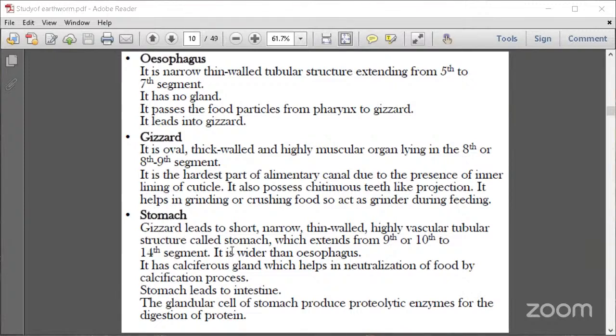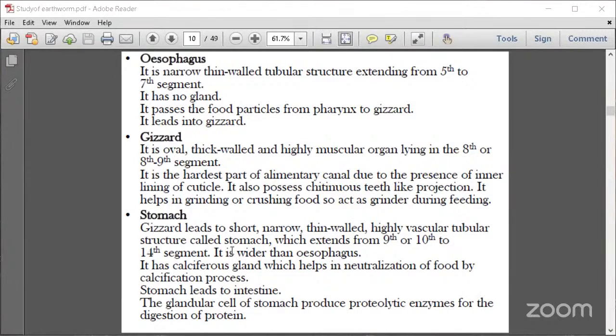Stomach. Gizzard leads to a short, narrow, thin-walled, highly vascular tubular structure called stomach that extends from 9th or 10th segments to 14th segments. It is wider than esophagus.